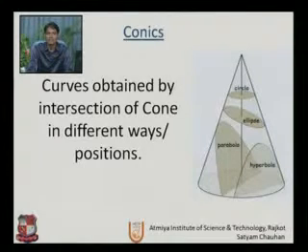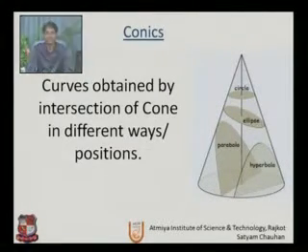In a cone, the length is infinite. The top of the cone is called the apex, and the path around which the line is rotated, the locus of that path, is called generators. In generators, there are also an infinite number of lines. So these are generators, apex and base.